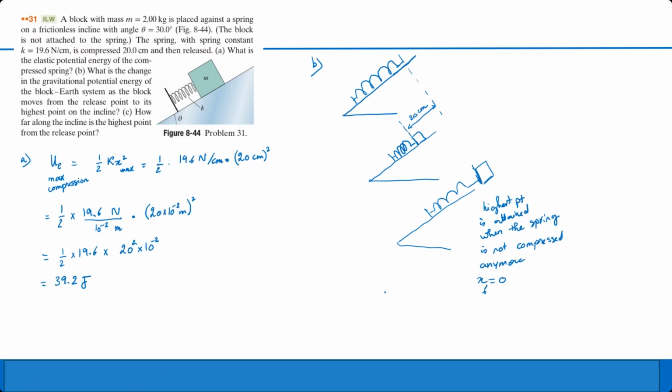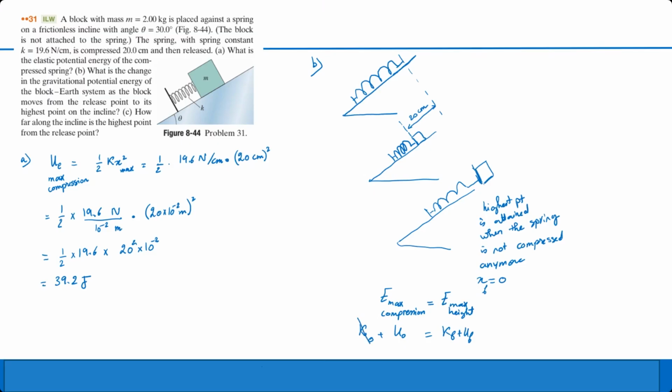Why? Because if you set E at the maximum compression equal to E at the maximum height, then I will have K, let's name this K0, plus U0, equal to K final plus U final. Initially, the block did not have any initial speed. It was released from rest, so this was 0.